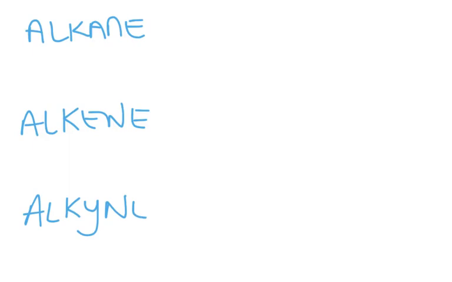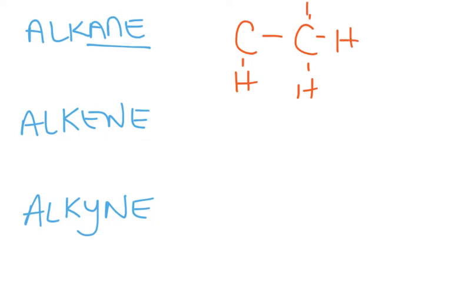We have alkanes, alkenes, and alkynes. An alkane is something that only has single bonds. So I've got carbon single bonded to carbon, and then of course it's covered in hydrogen. Those are saturated. So if we're looking at this one, we'll go ahead and fill him up. Sorry, I'm a little out of space at the top.